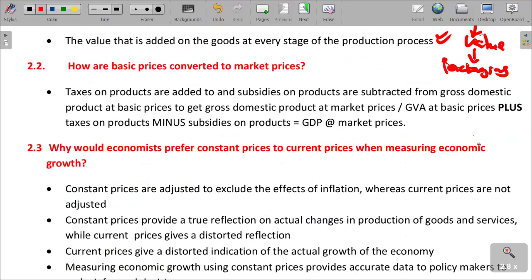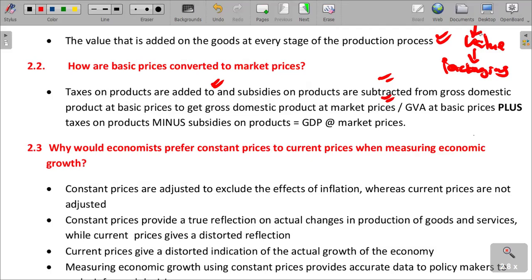You understand? And then how are basic prices converted to market prices? The taxes on products are added to, and subsidies on products are subtracted from, gross domestic product at basic prices to get the gross domestic product at market prices.